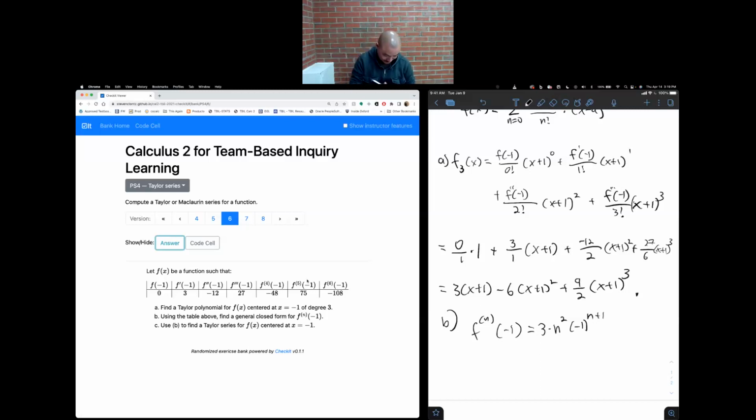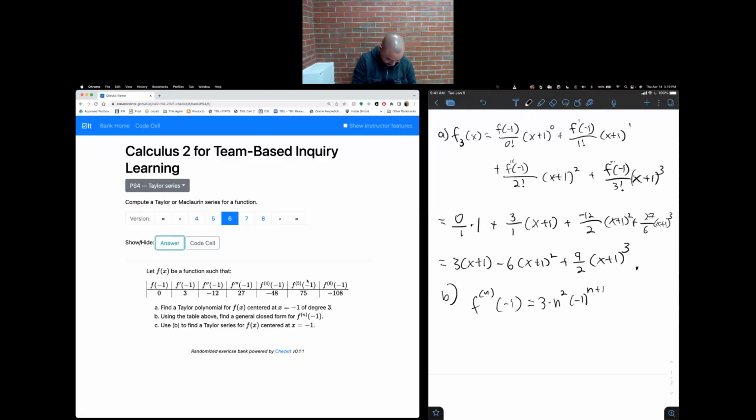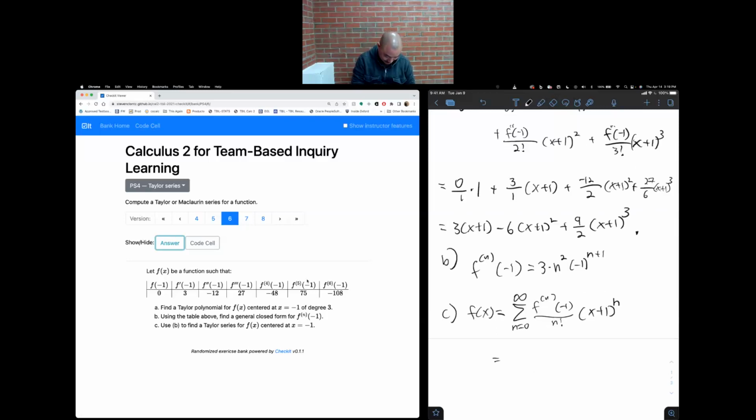So finally, the actual Taylor series for f of x centered at x equals -1 is a sum from n equals 0 to infinity. It's the nth derivative evaluated at -1 over n factorial times x plus 1 to the n, but we found a closed form for this very expression.